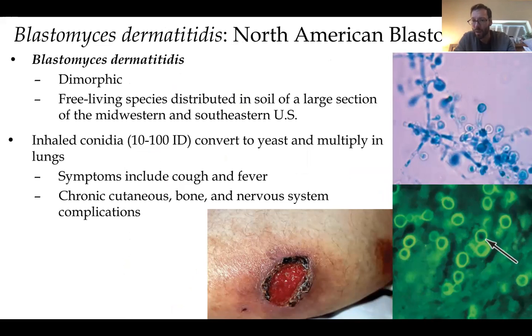It's pretty easy to inhale that many. And so once that happens, it gets into the lungs, where it exists now as a yeast, because again, it's dimorphic, mold on the outside. The mold isn't what really infects you, it's the spores in the mold. Okay, so let's make that distinction, make sure we understand that.